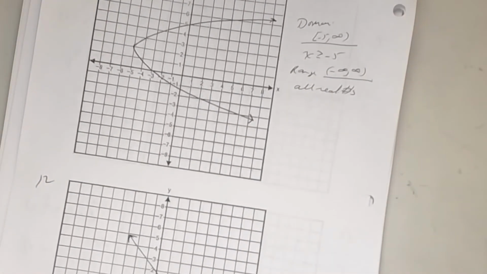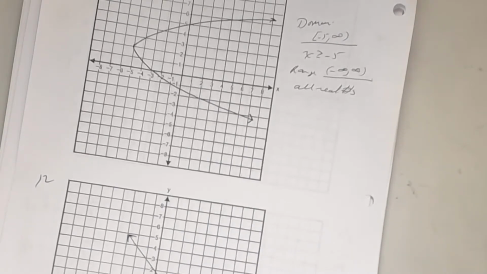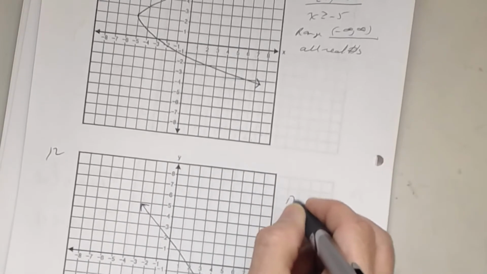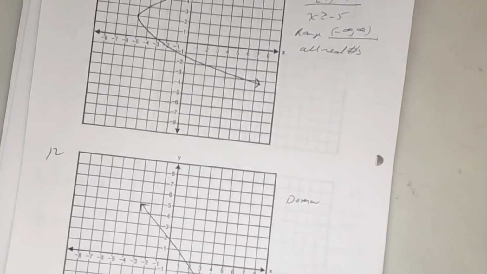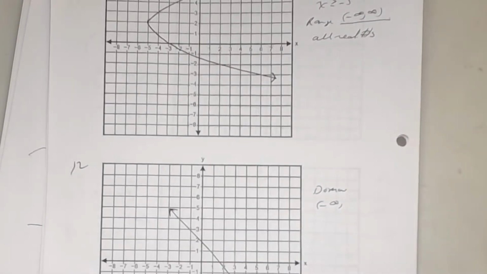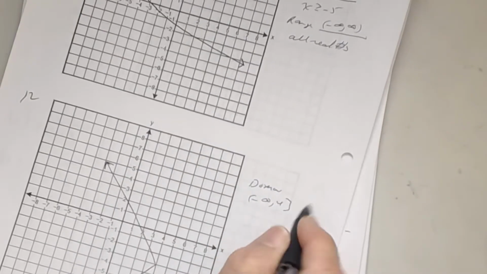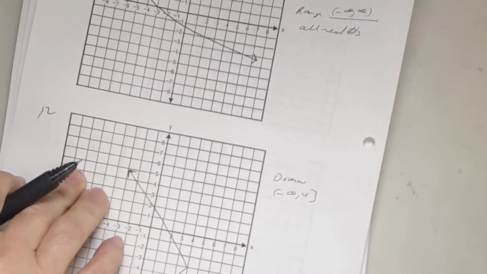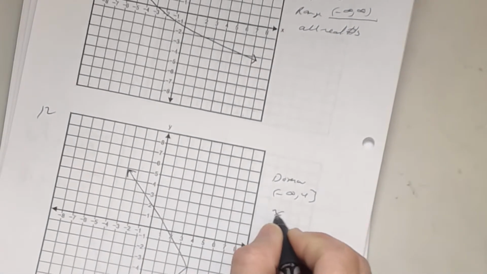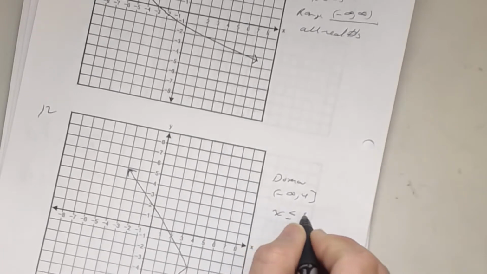Number 12, we can't talk about function here, nor with number 12, but we can still talk about domain and range. What's the domain in number 12? Remember, you go from left to right. Yep, all the way to what? +4 with a bracket. Now, what is that as an inequality? x is less than or equal to 4.